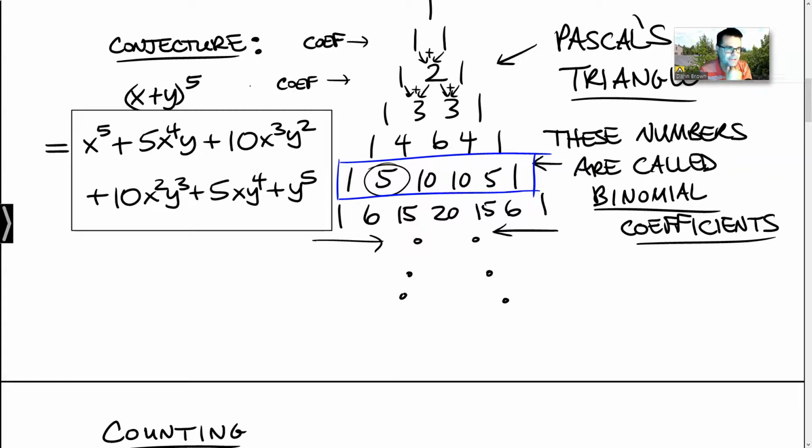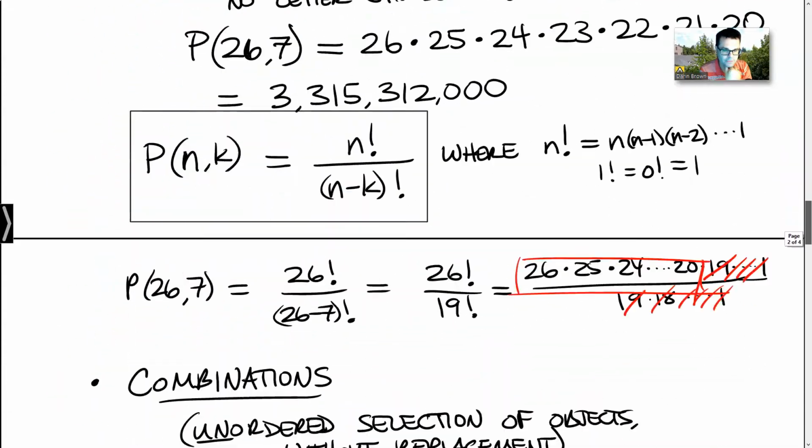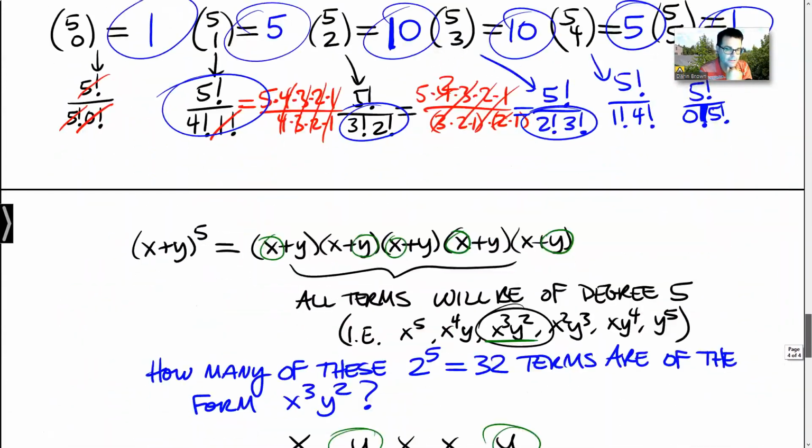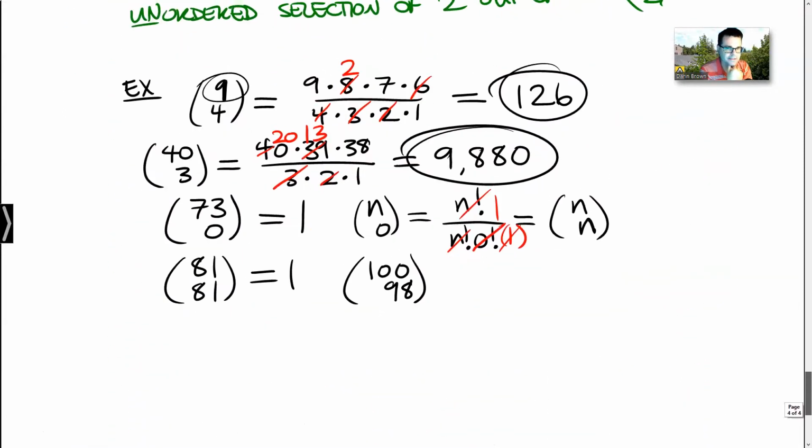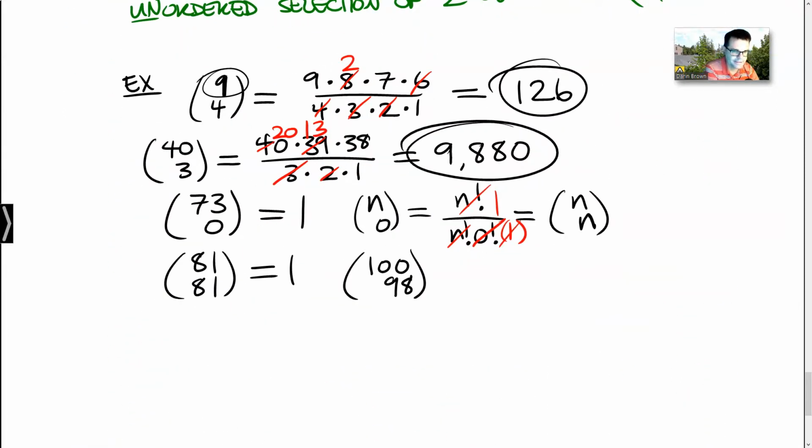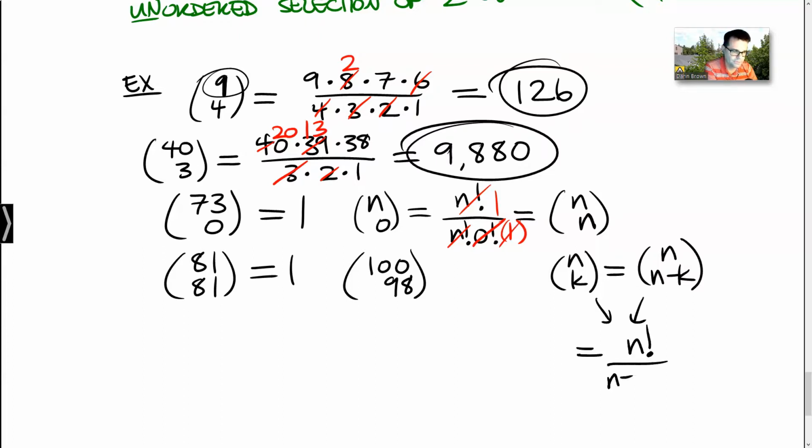And the way that we can express this is a little identity. We have this identity that n choose k is equal to n choose n minus k. Why? Because each of these is equal to n factorial over n minus k factorial k factorial.